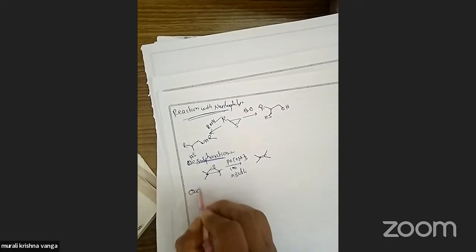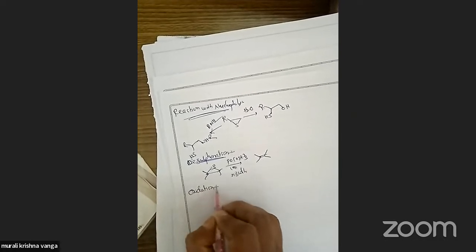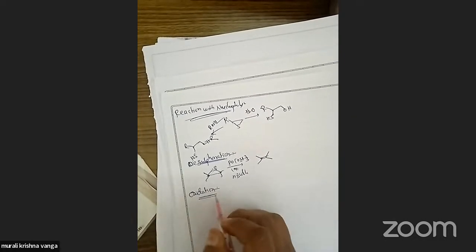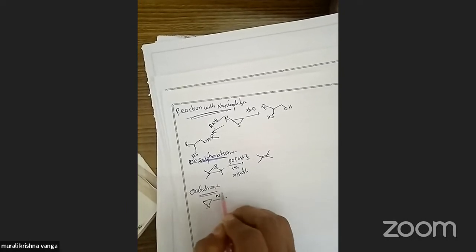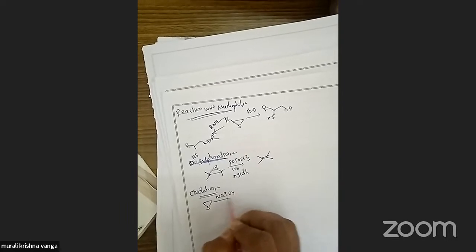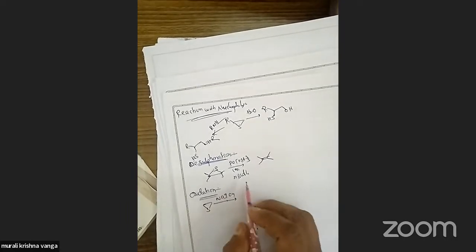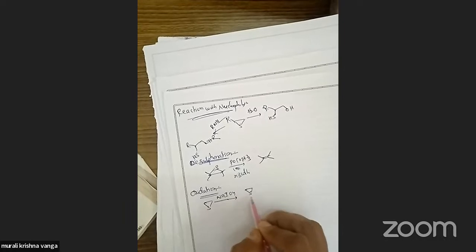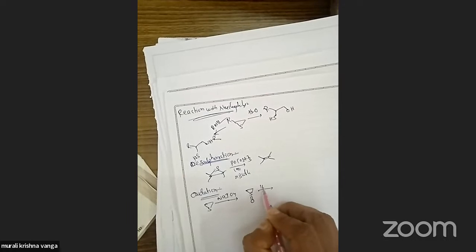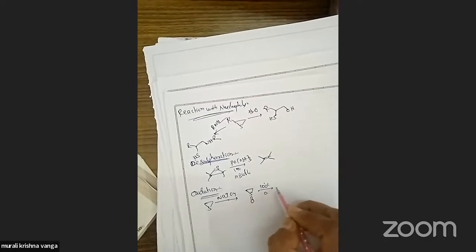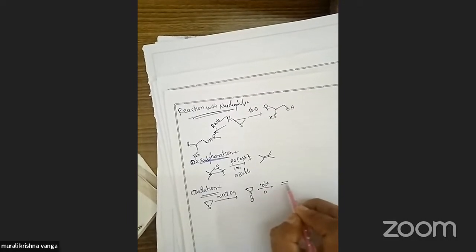Next one is oxidation. When thiirene reacts with NaIO4, oxidation takes place on sulfur. Then with heating at 100 degrees Celsius, it forms alkene plus sulfur monoxide as the product.